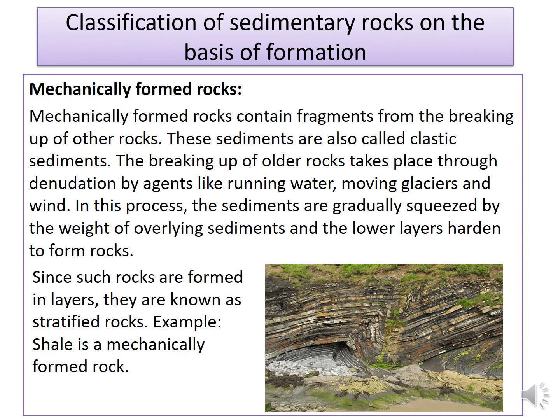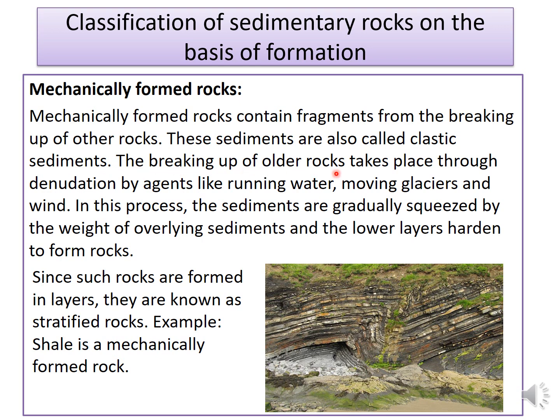Now we will study the classification of sedimentary rocks on the basis of formation. And the first type is mechanically formed rocks. Mechanically formed rocks contain fragments from the breaking up of other rocks. These sediments are also called clastic sediments.